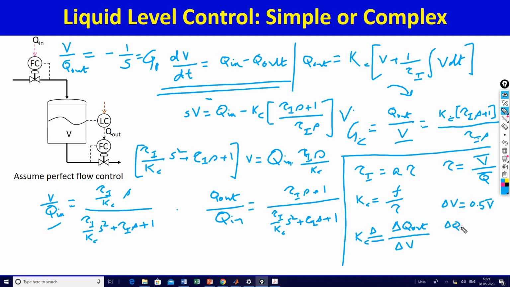So delta Q out doubling means it was initially at Q bar, then it went from Q bar to 2 Q bar, so the change is Q bar, and therefore Kc will be, in this example, Q bar by 0.5 V bar, which is 2 times Q bar by V bar, which is 2 by tau, which has the form F by tau.